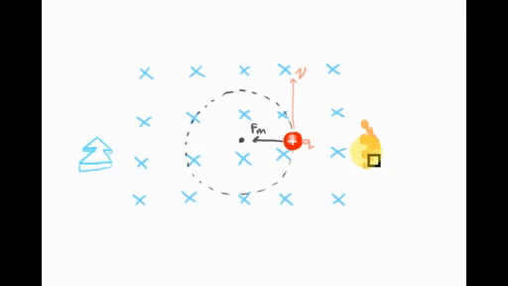Alright, so let's call that hand. And your thumb points in the direction of the velocity. And your fingers point in the direction of the field. So your fingers are coming out at us, or in the other direction rather.